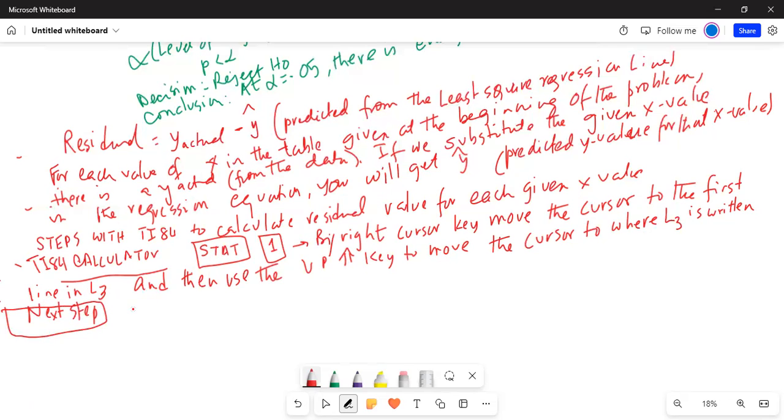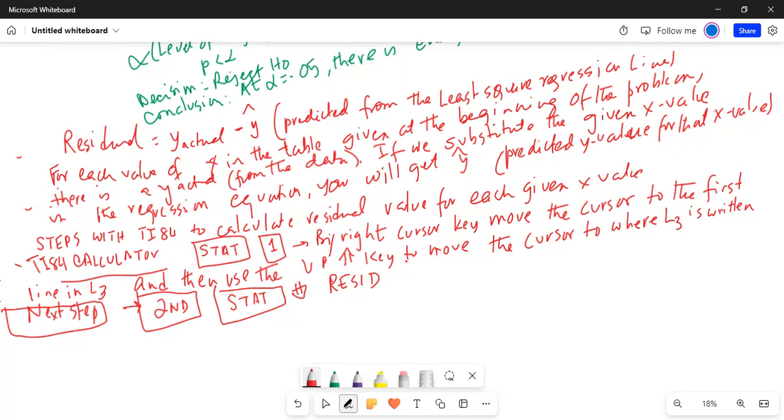Press the second key and then the stat key, which is in the second row. Okay, and then scroll down to RESID, which is a short form of residual.